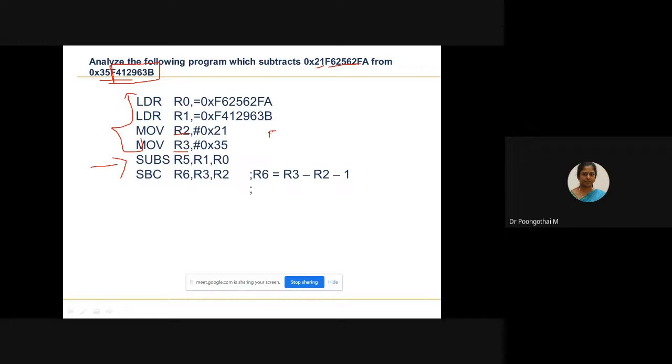It is F412963B minus F62562F8. So this is your R0 and this is your R1. Subtract R0 from R1.